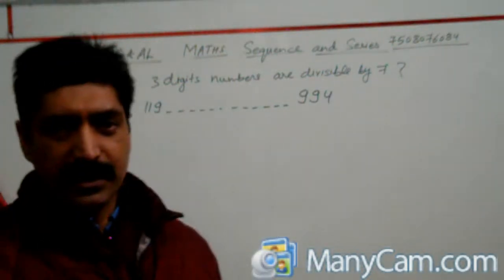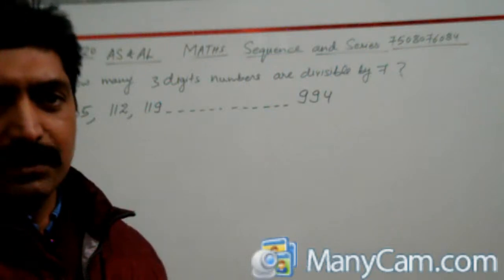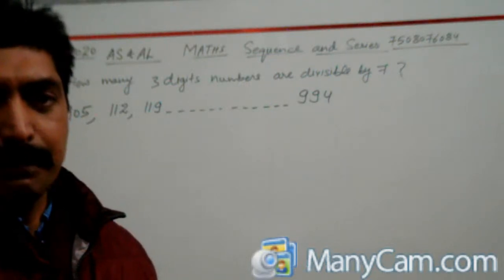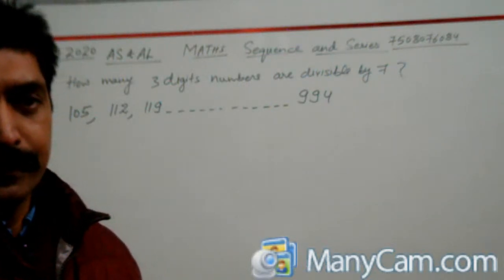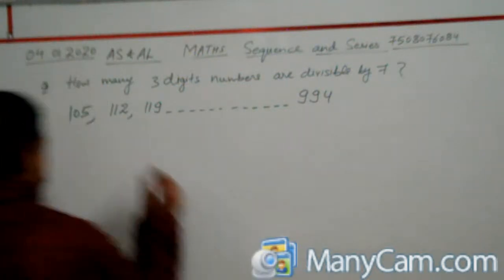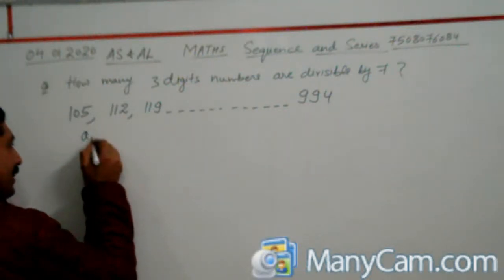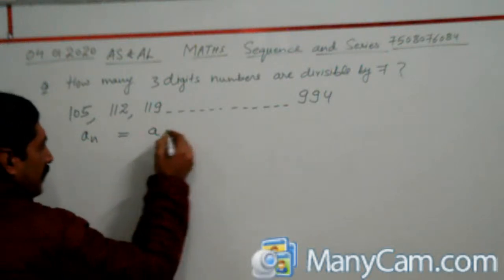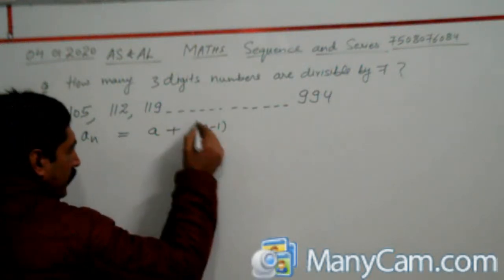We have checked here that 994 is the number that is divisible by 7 completely, giving no remainder. So now again the same formula, that is an is equal to a plus n minus 1 into b.